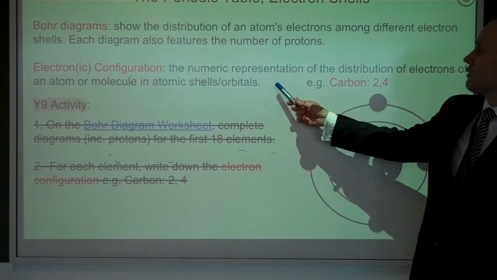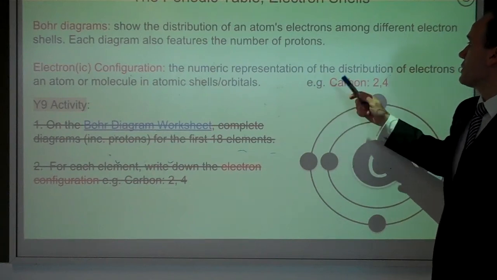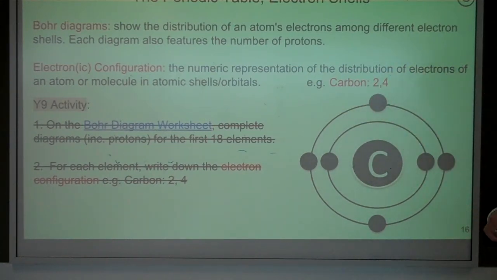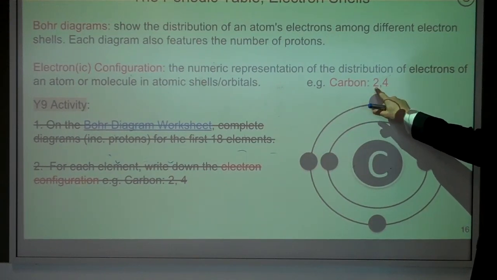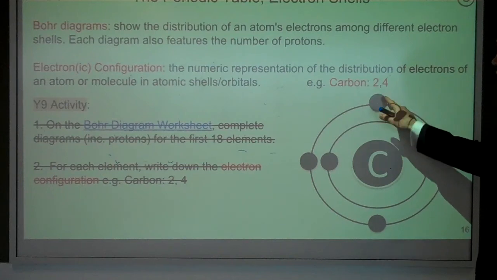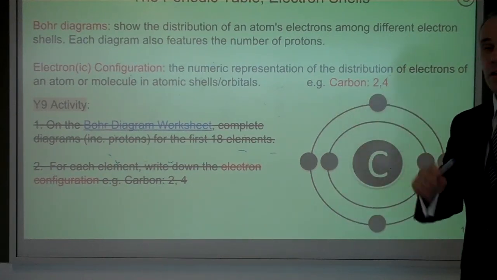Now, electron configuration is a numeric representation of the distribution of electrons in an atom or molecule. So there's carbon, 2, 4. 2 electrons in the K shell, 4 in the L shell.